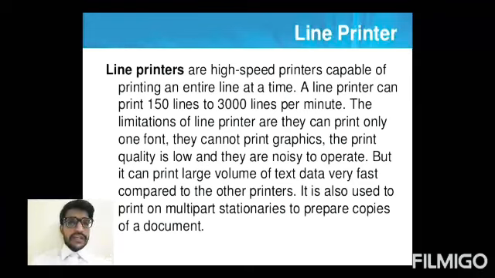The limitations of a line printer: they can print only text fonts, they cannot print graphics. The print quality is low and they are noisy to operate, but they can print a large volume of text data very fast compared to other printers. It is also used to print on multi-part stationery and prepare copies of documents.